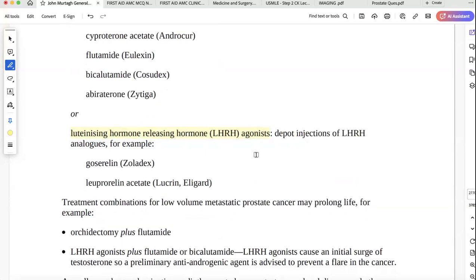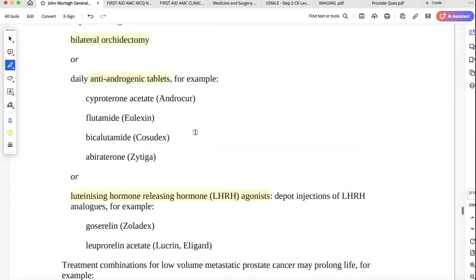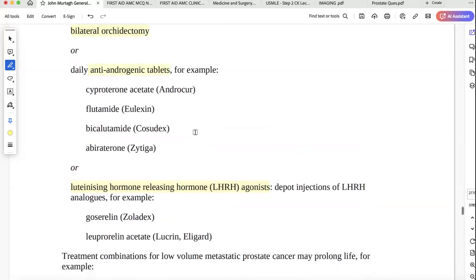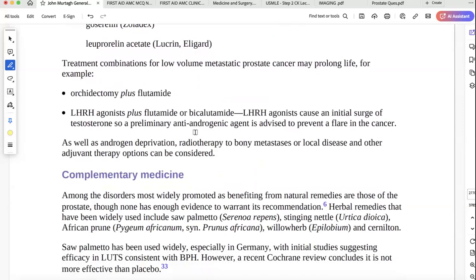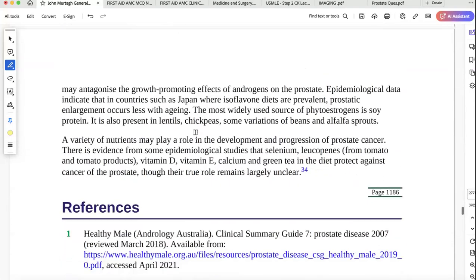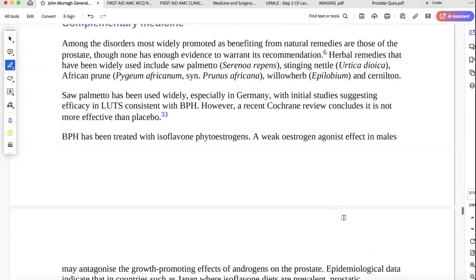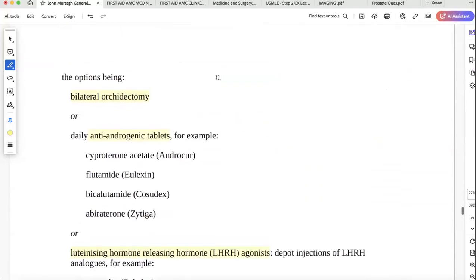So luteinizing hormone-releasing hormone agonist is the common treatment at the moment. So that can be done. Anti-androgenic tablets can be given. So this will be the treatment of choice for someone who has got metastasis. Okay, so that's basically the treatment of prostate cancer. Does it make sense, guys?